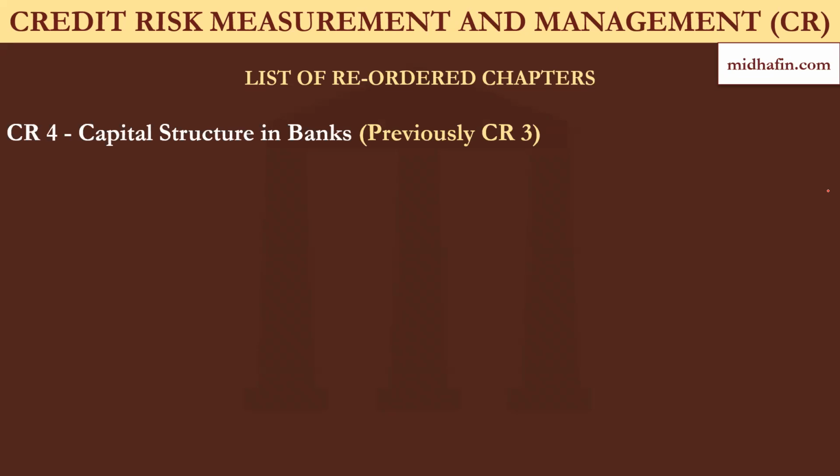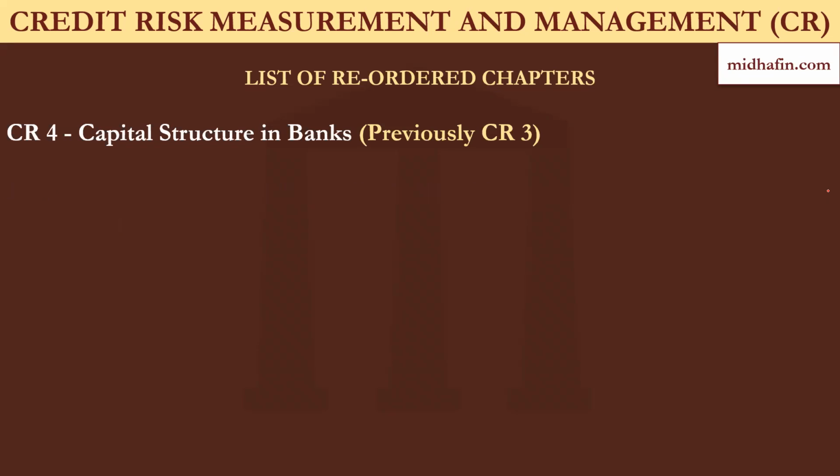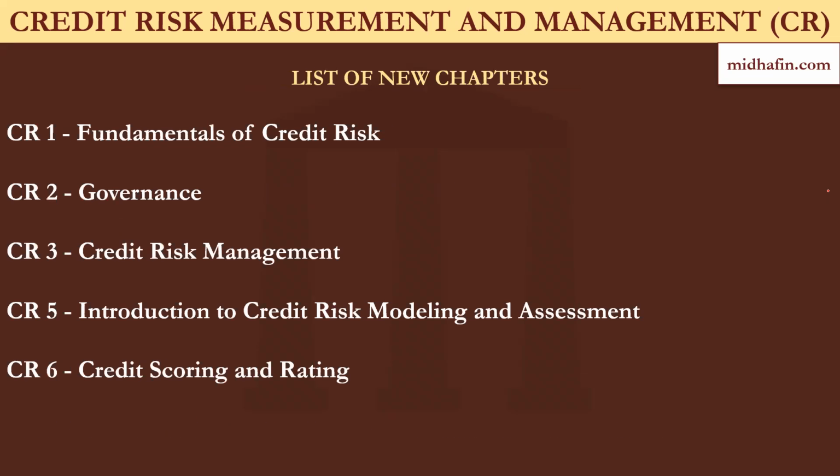So we have CR4, which was earlier CR3, capital structure in banks. Then, as I told you previously, a new chapter has been introduced on credit scoring. But there was already another chapter on credit scoring, which was credit scoring and retail credit risk management. This has now been shifted to CR7, just after the new credit scoring chapter, CR6, credit scoring and rating.